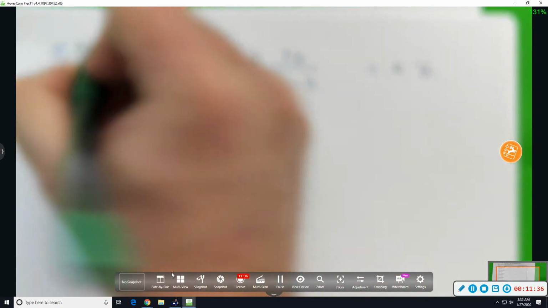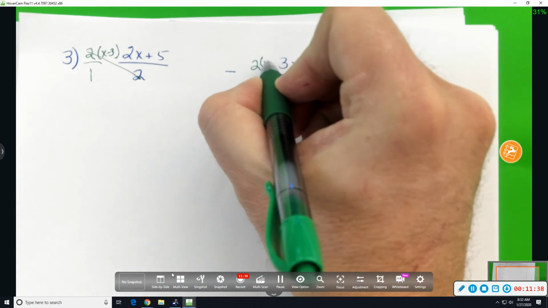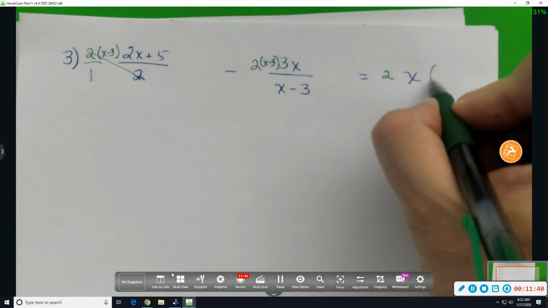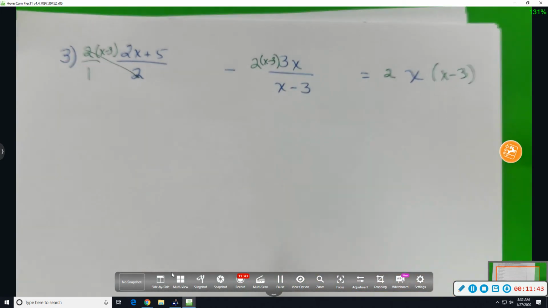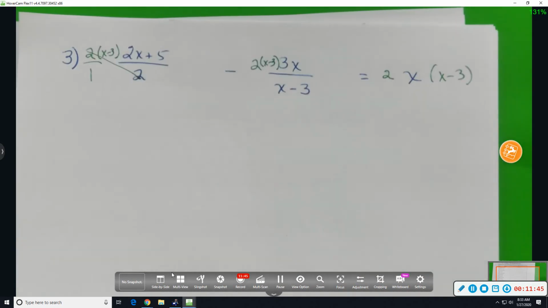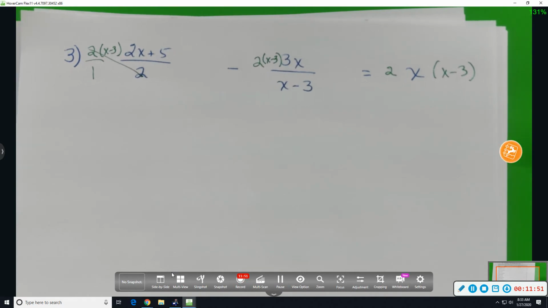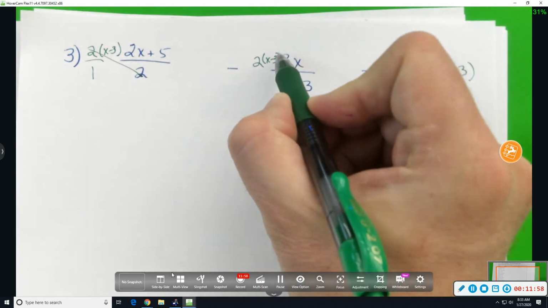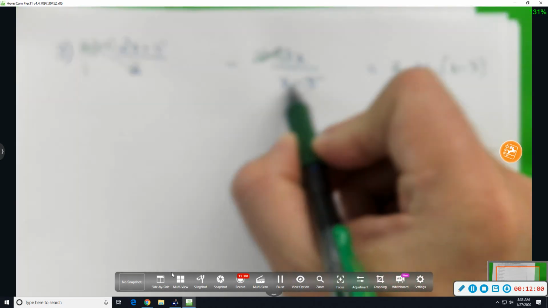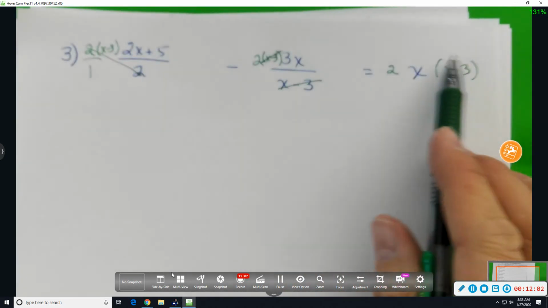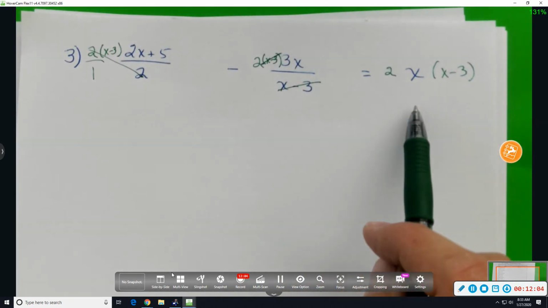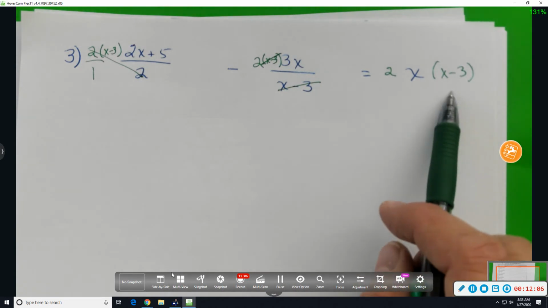This is going to be pretty messy. Multiply straight through by those two denominators. 2 times x minus 3. When you do that, let me go ahead and cancel out the stuff that's going to cancel. Notice, even over here where there's no fractions, you've got to multiply by the 2 times x minus 3.